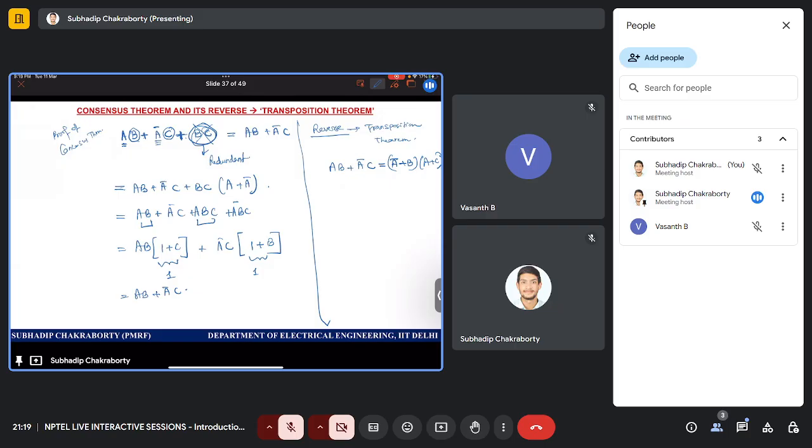So if you break it down, you get A bar A plus BA plus A bar C plus BC. And now I have to prove this.